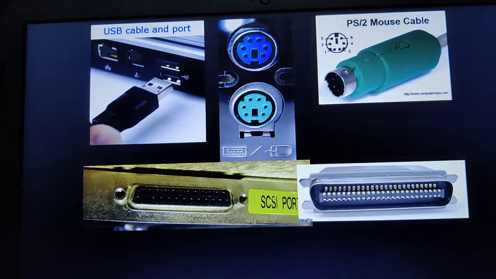USB actually stands for universal serial bus, and it will help you to connect almost 127 different devices. This symbol itself shows that it is a USB port. So this is the port where you connect your pen drive or the dongle, different kinds of external devices.